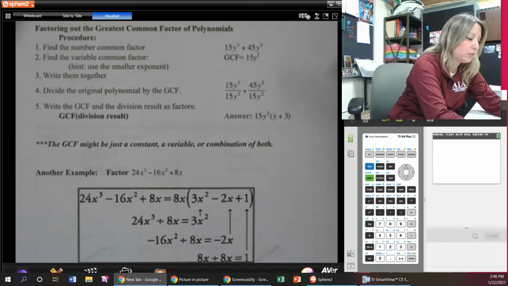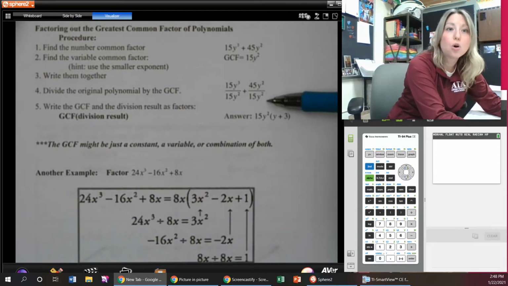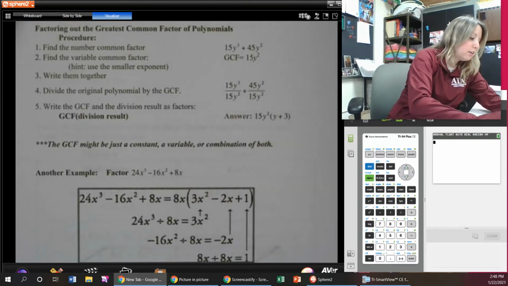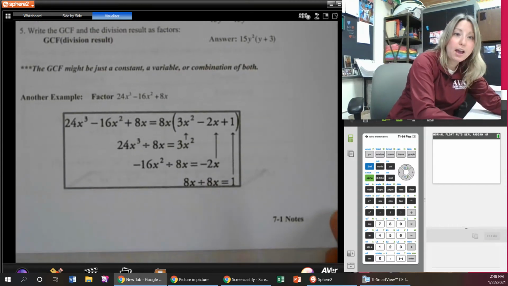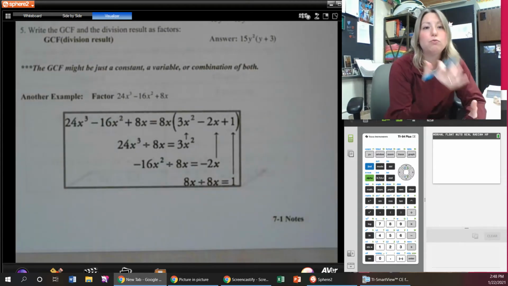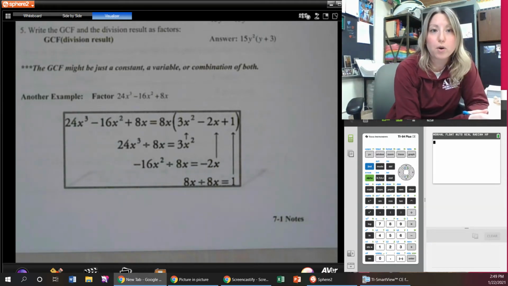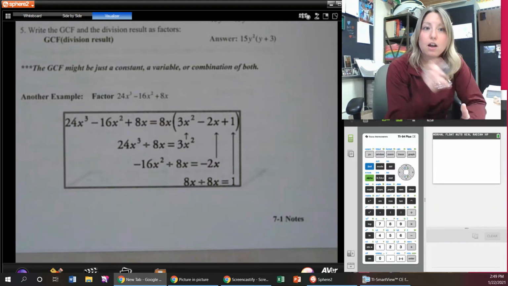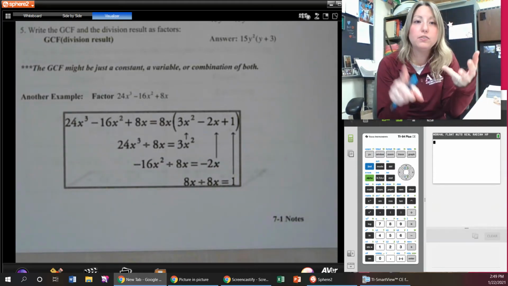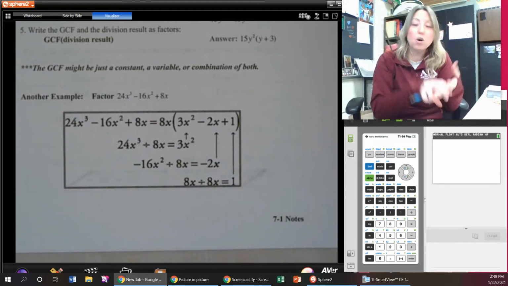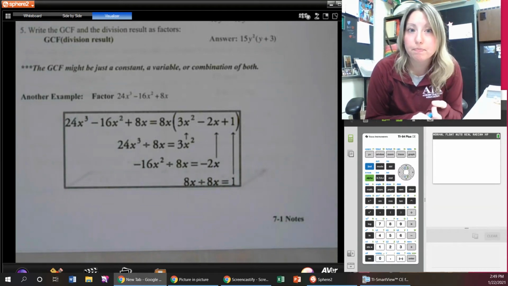Down here, we have, of course, this example that we have right in our notes with the procedure, right? But here's another example of that happening, right? If I'm asked to factor 24x cubed minus 16x squared plus 8x, I look at 24 and negative 16 and 8, and I think, well, what are they all evenly divisible by?